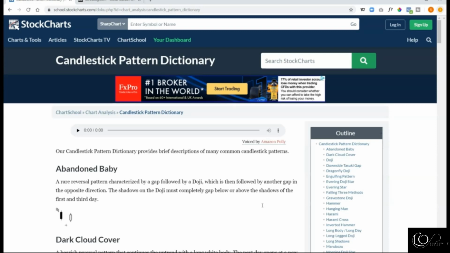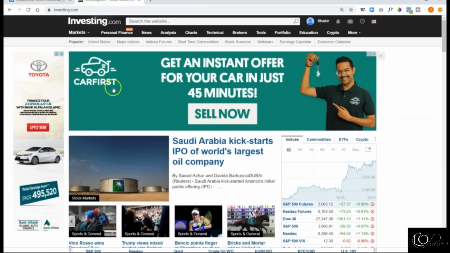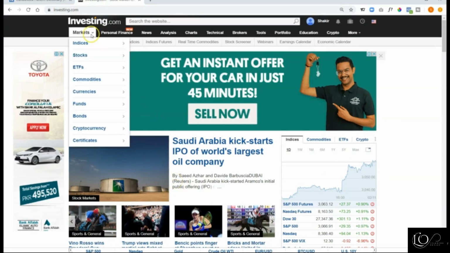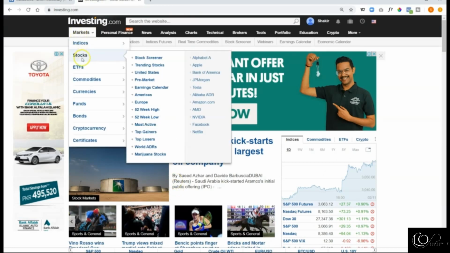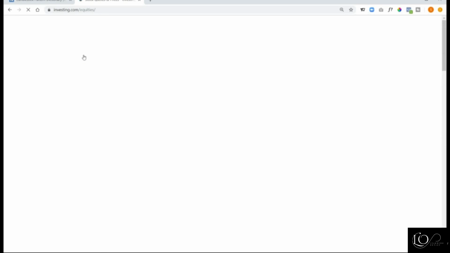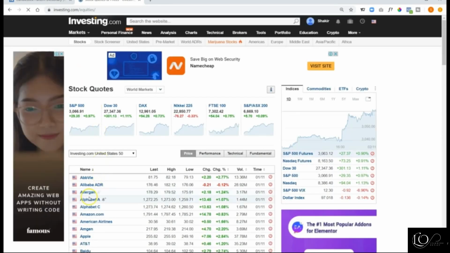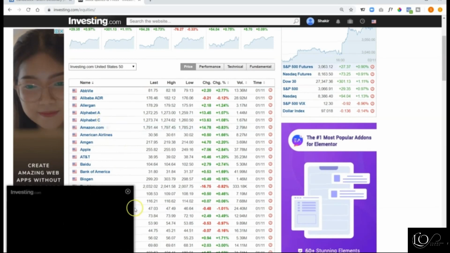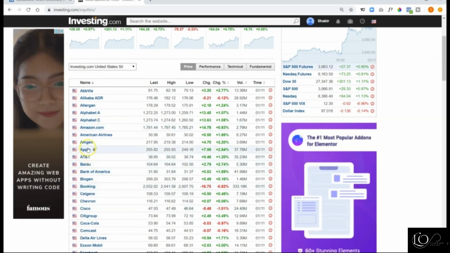You can also move over to the investing.com website, and here under the markets, go into stocks, and then you can just open up any one of these stocks right here. Let's just close this. Let's go with Apple here.